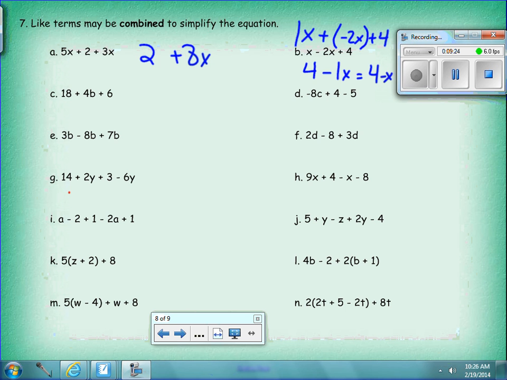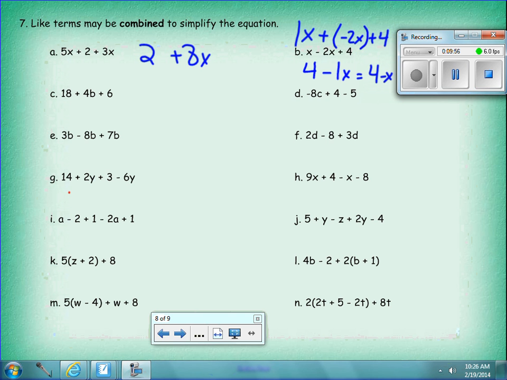In A, when you're simplifying terms, you will put the constant term first, and then the variables will follow in alphabetical order. So the correct way to start on A would be to put your constant term, a 2, so 2 plus, and then we combined our like terms 5x plus 3x, and we got 8x. In B, in order to use the commutative property of addition, we had to add the opposite.